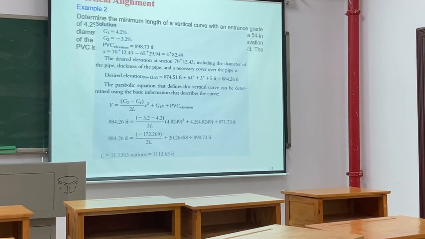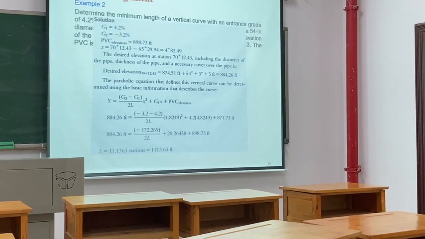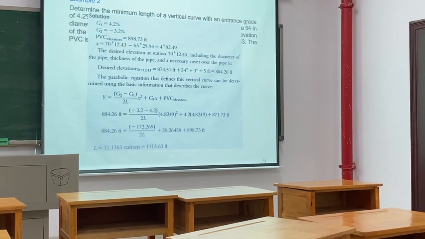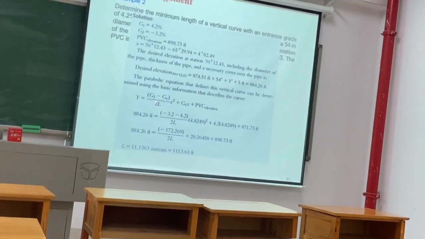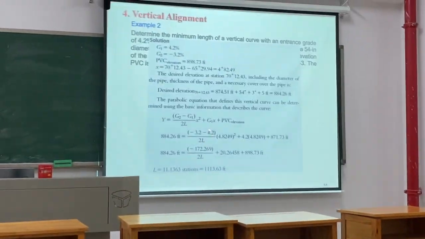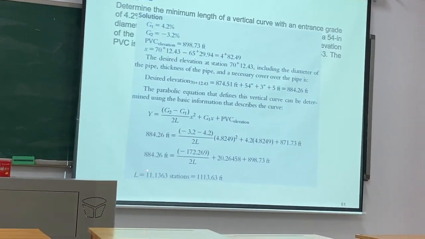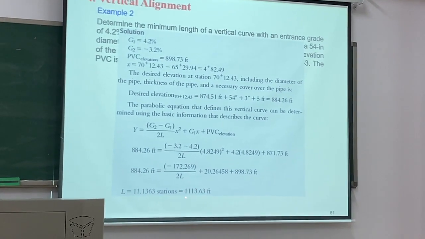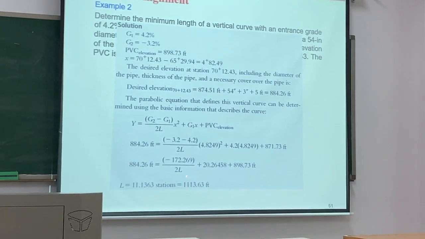The parabolic equation that defines this vertical curve can be determined using the basic information like this. So we can get L is this, 113.